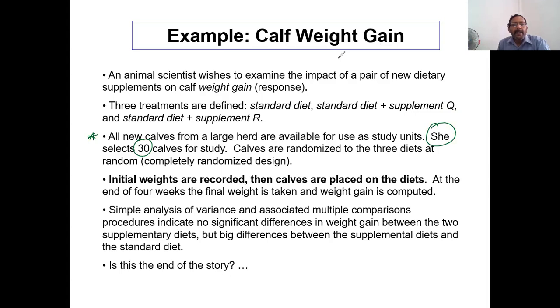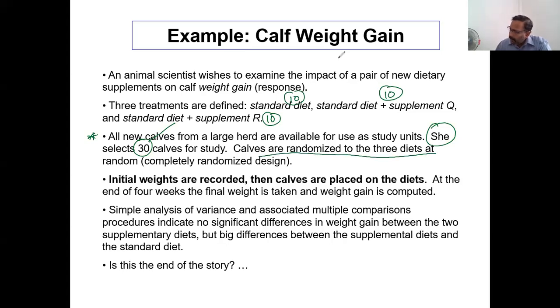How many cows can we randomly allocate for each treatment? If I select 10 cows: 10 for the standard diet, 10 for standard diet with supplement Q, and 10 with R, for example, right?